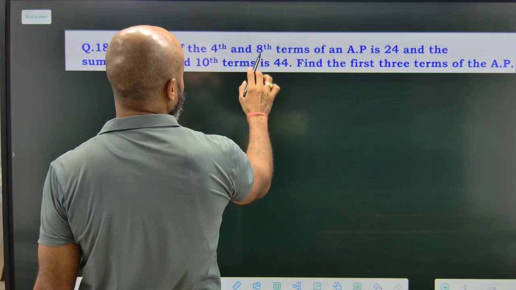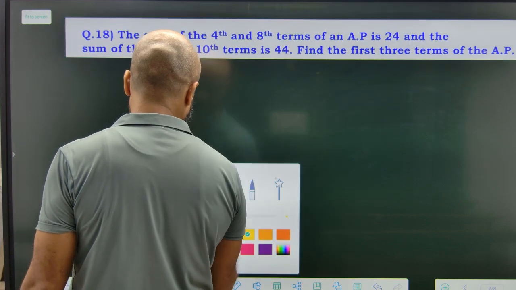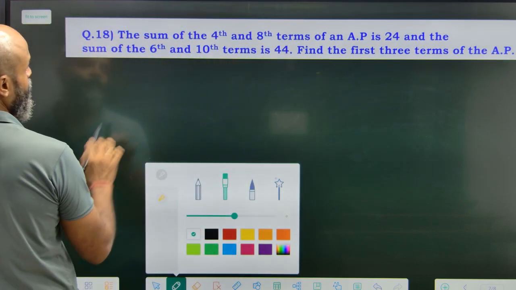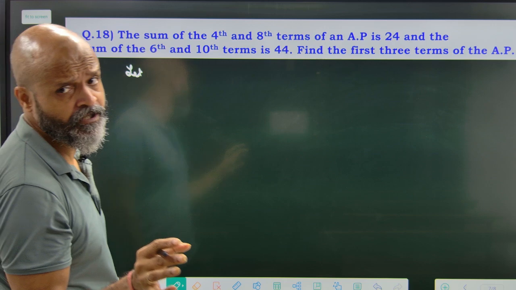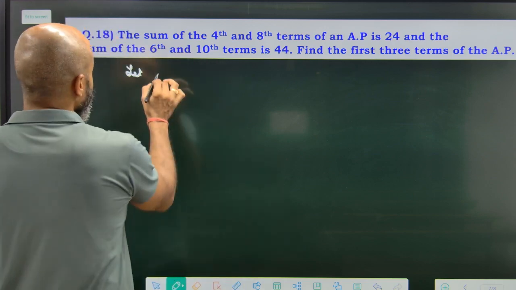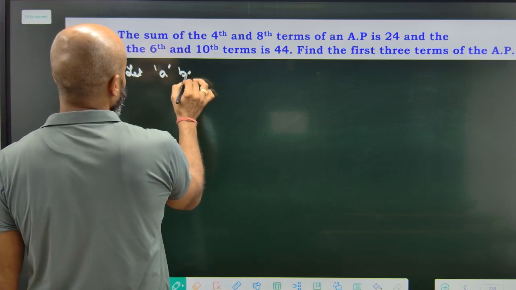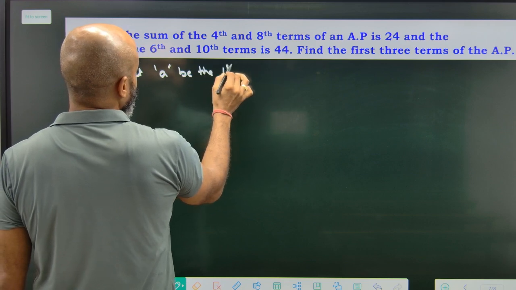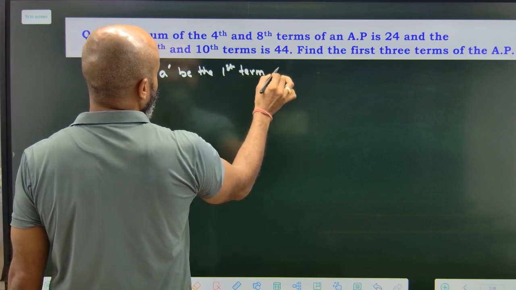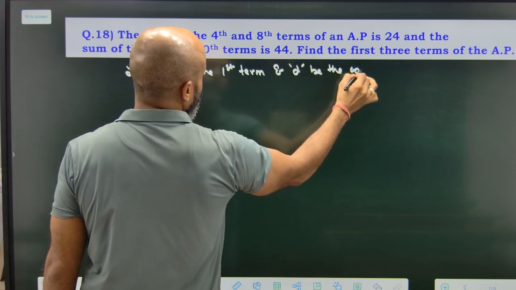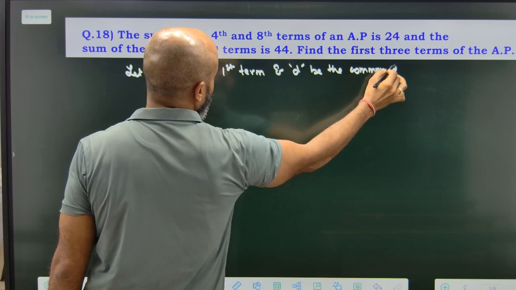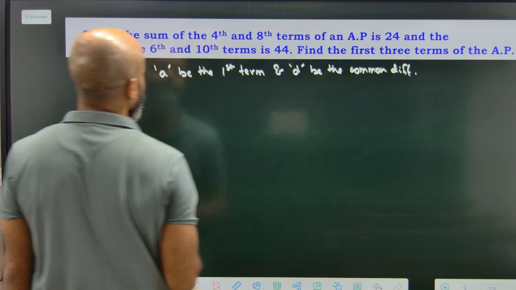Here we are again not aware of what is the first term and what is the common difference. So let A be the first term and D be the common difference.